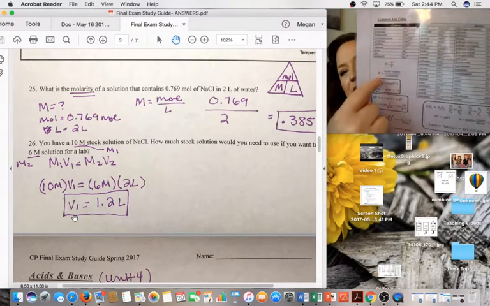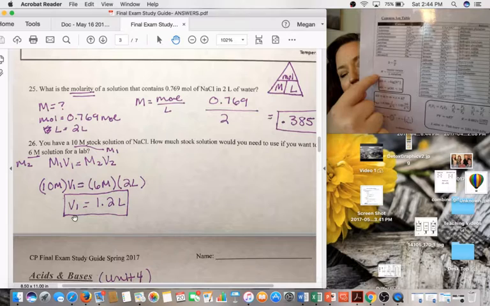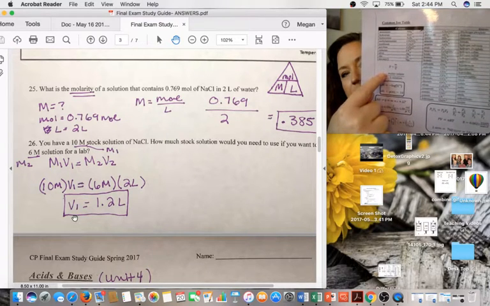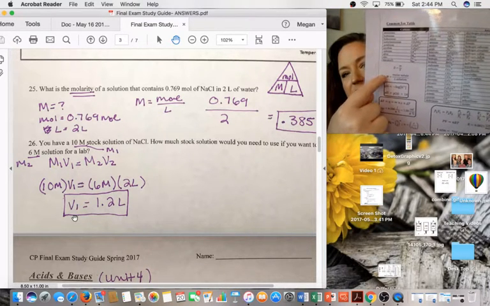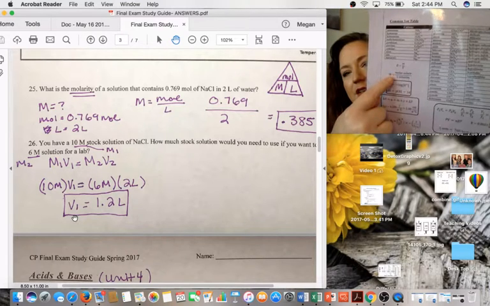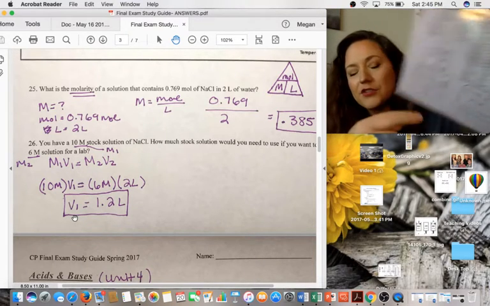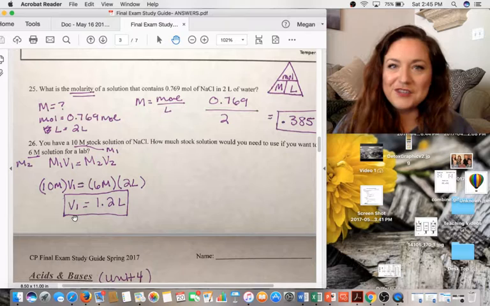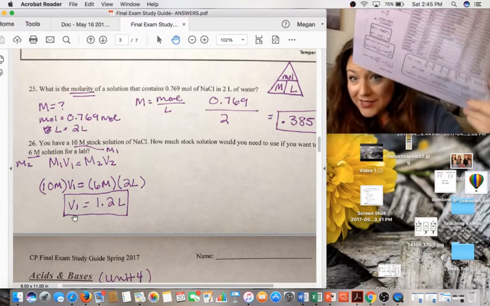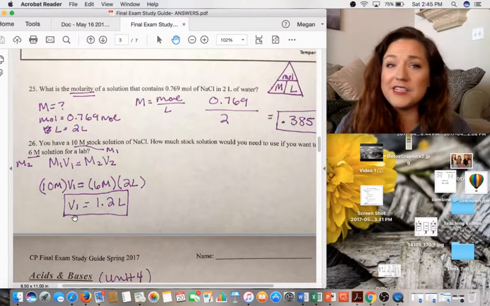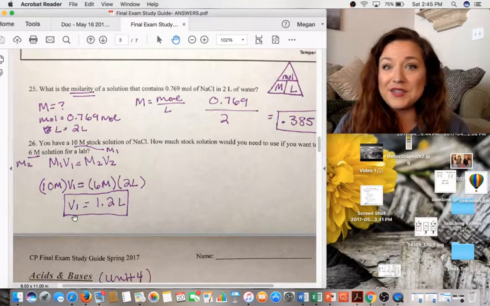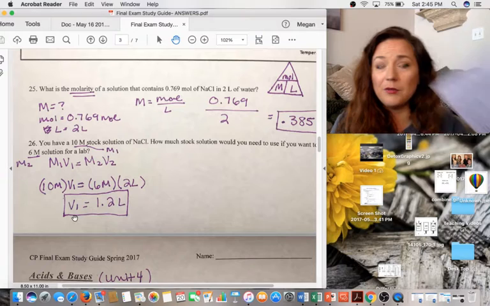Right there, big M, molarity equals the moles divided by the liters. So that's the moles of the solute divided by the liters of a solution. It is on your periodic table. On the back of it, you guys are given this for every test, every quiz, everything. So please don't tell me you don't know the formula when it's given.